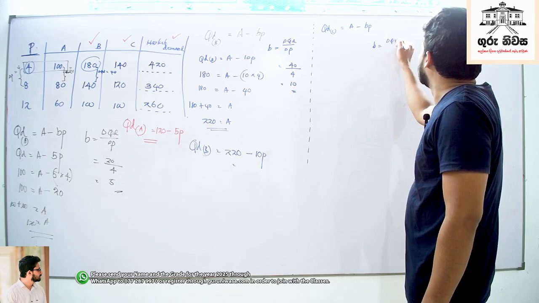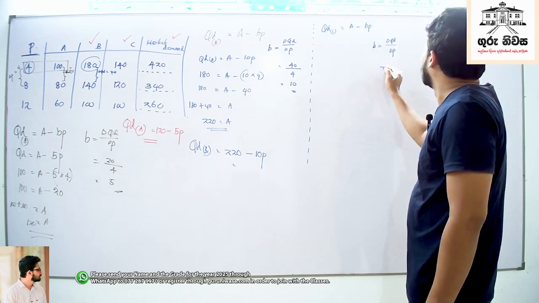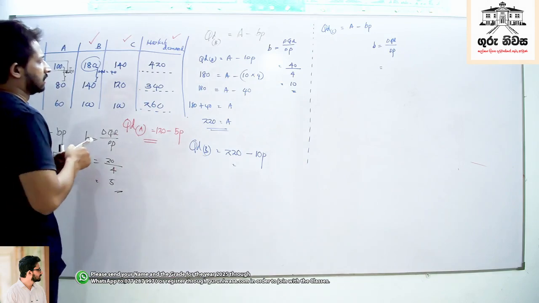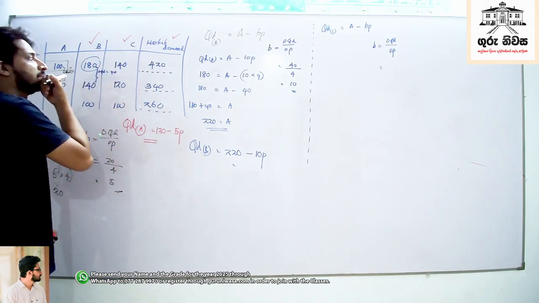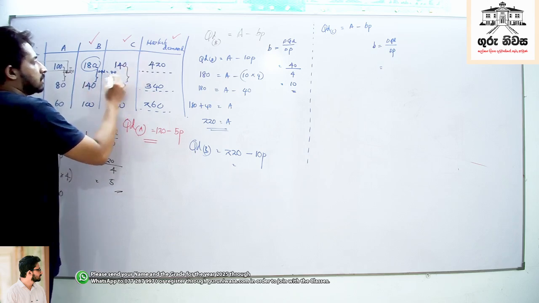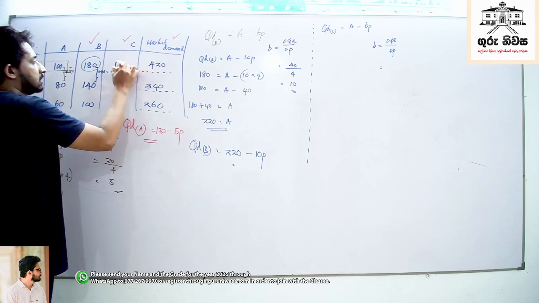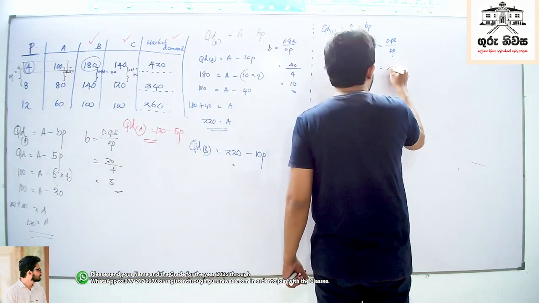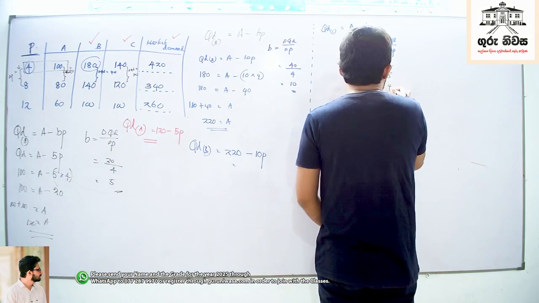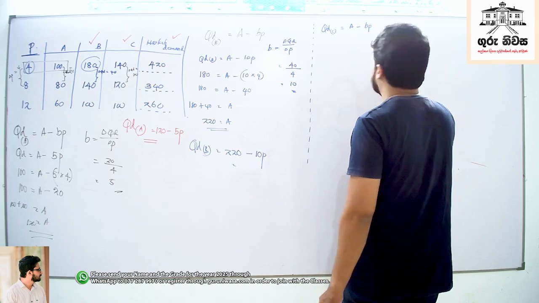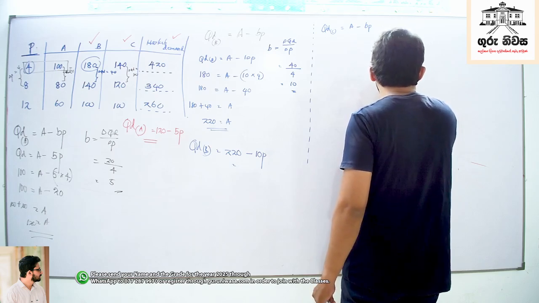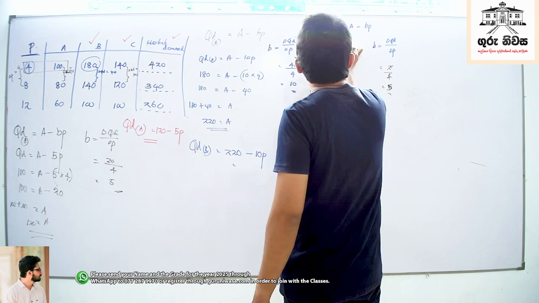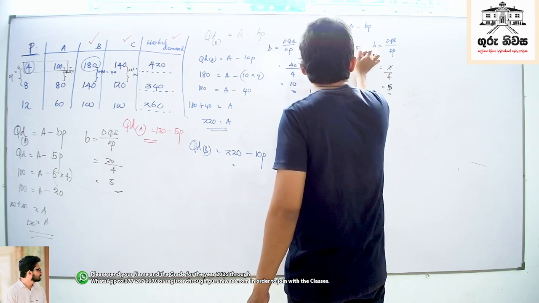B equals delta QD over delta P. Delta QD means the difference between two QD points, but in C's column, because we are deriving the demand equation for C. Here the difference, delta QD, equals 20. Delta P doesn't change, right? So 20 divided by delta P, which is 4, gives 5. Slope should be 5. Then QDC equals A minus 5P.